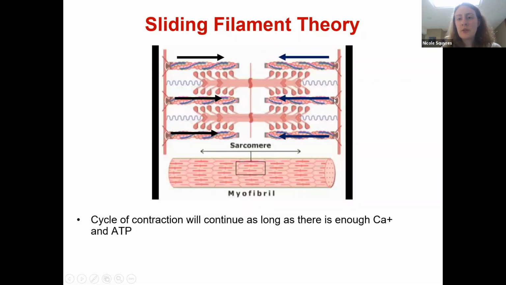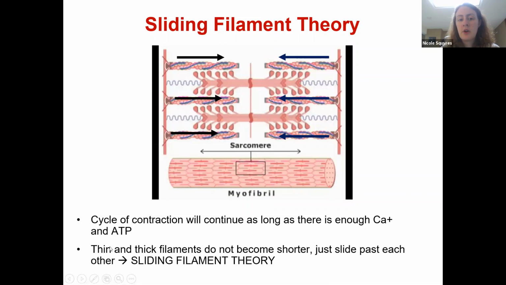And so the end result, right, is that you're going to keep pulling these thin filaments closer and closer towards the M line, closer and closer towards the middle of the sarcomere. Right, so what we call sliding filament theory is this idea that when the sarcomere contracts due to this continuous cycle of formation and breaking of cross bridges, the thin and thick filaments are not becoming shorter, right?